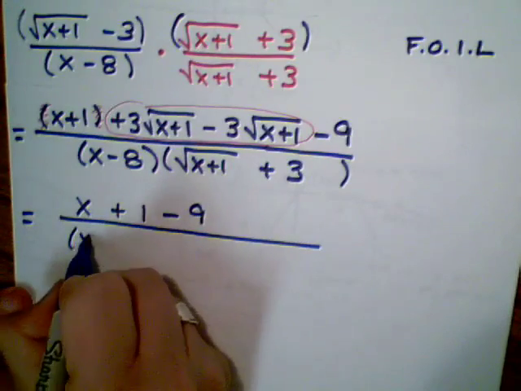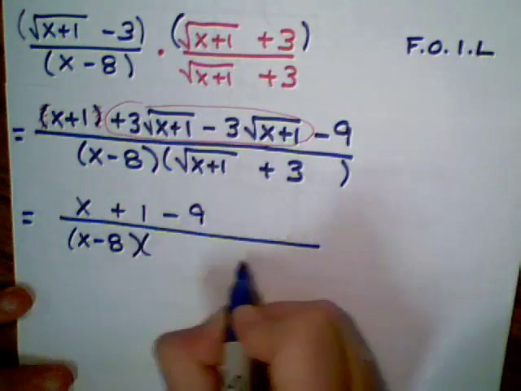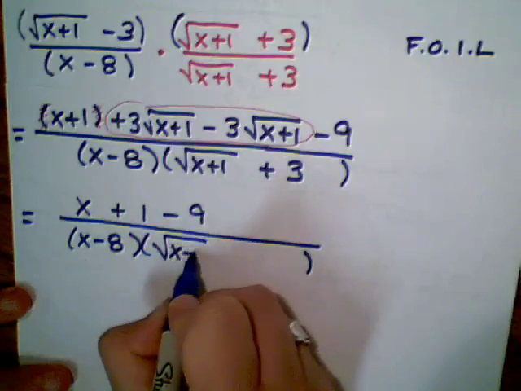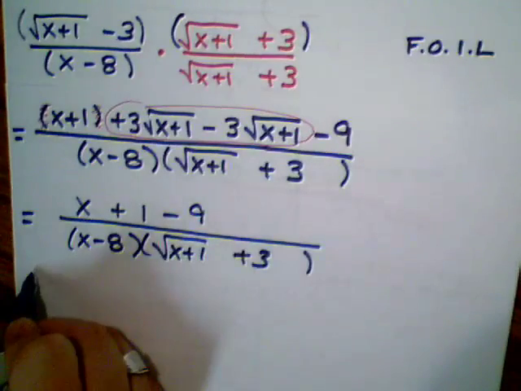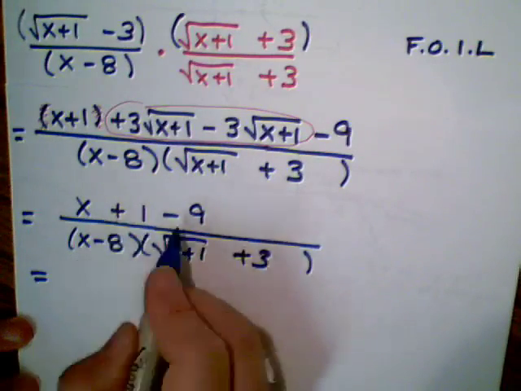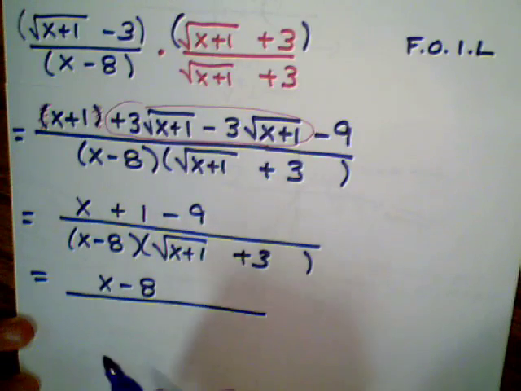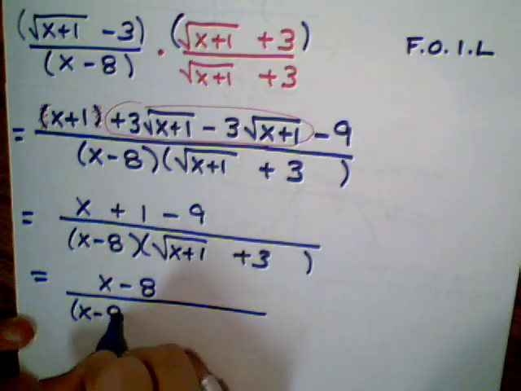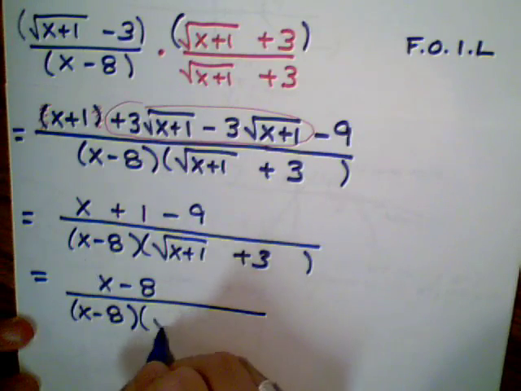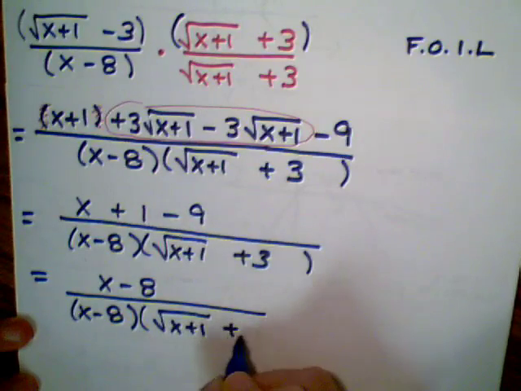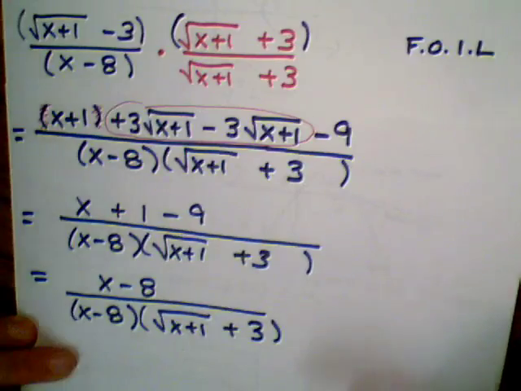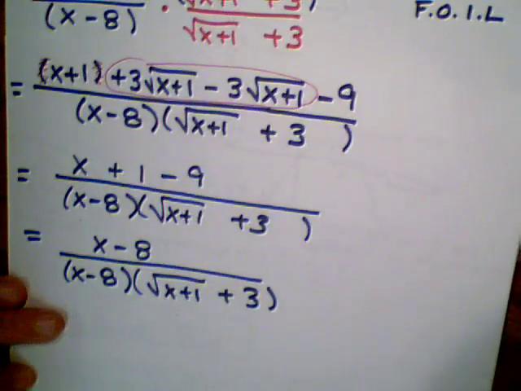In the denominator, I still have a factor of the difference and the factor of this sum. When I collect like terms in the numerator, I see I have x minus 8. I have a factor of x minus 8 in the denominator. Looks like we're going to have some things that are going to cancel. And that's what we were going for with this technique.